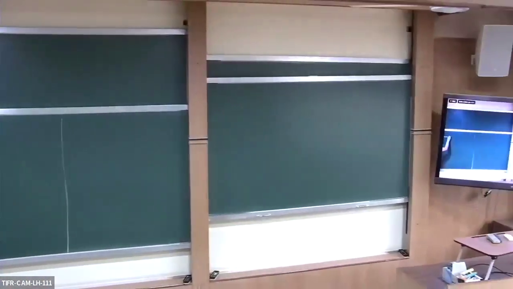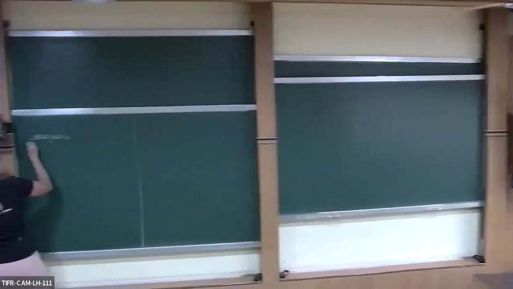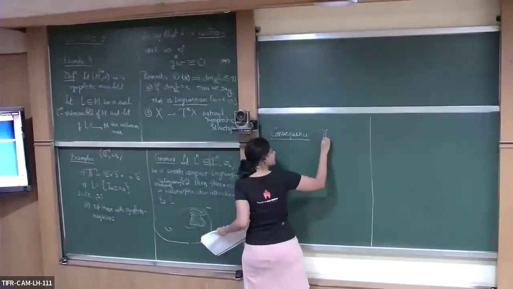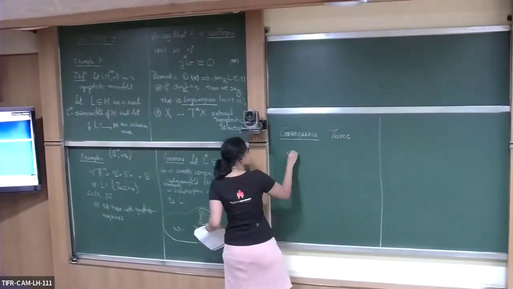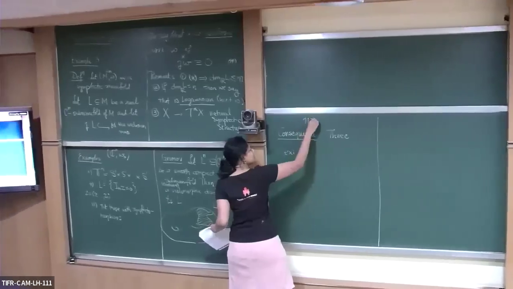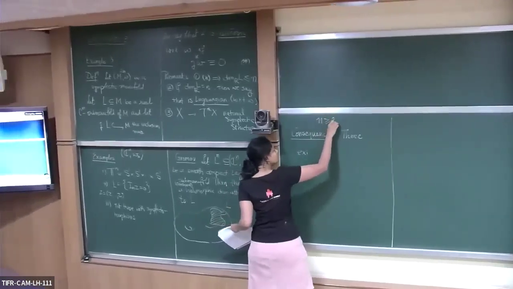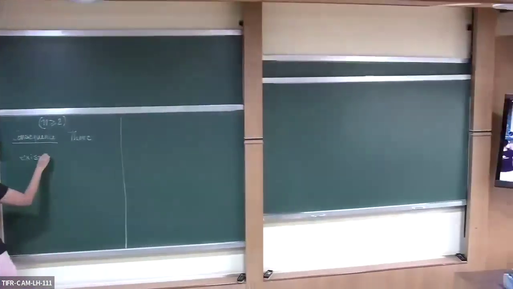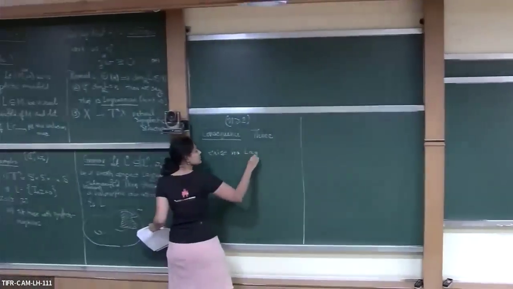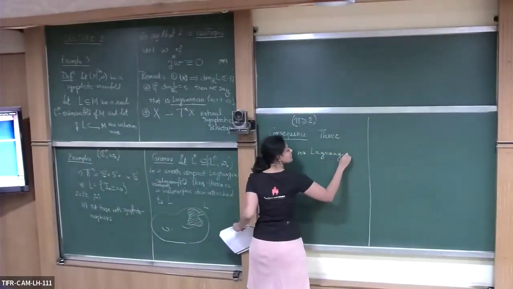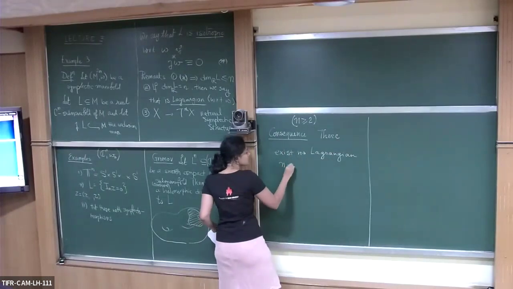An important consequence, which was an open question for a while, where n is greater than or equal to 2, is that there exist no Lagrangian n-spheres.